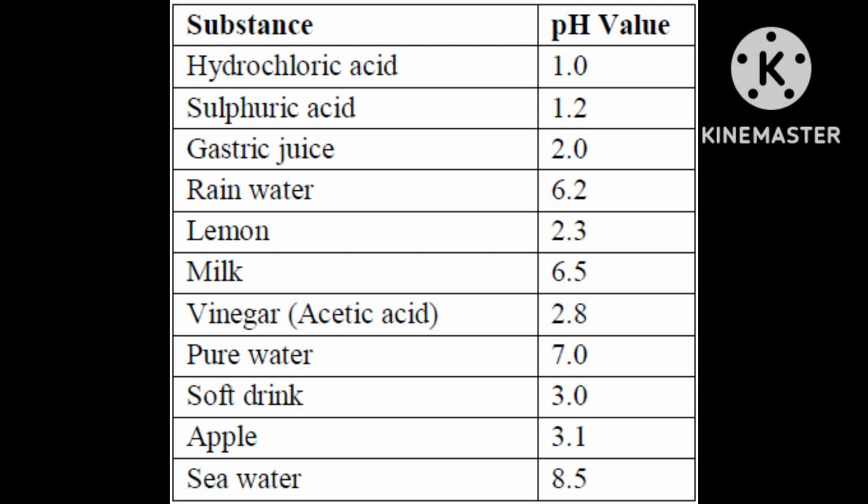Now I am going to tell you about the relation between Ka and Kb. Both are similar: Ka is used for a weak acid and Kb is used for a weak base.